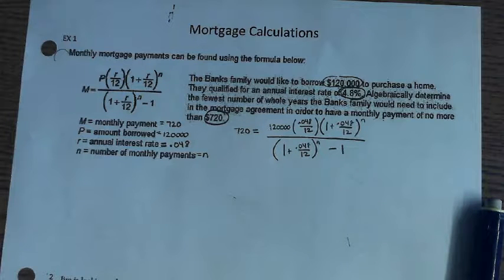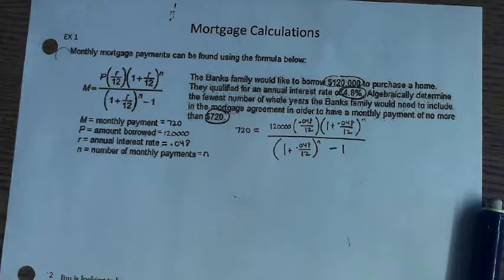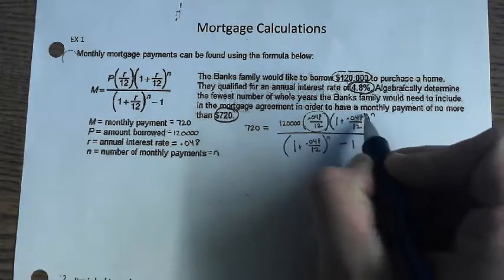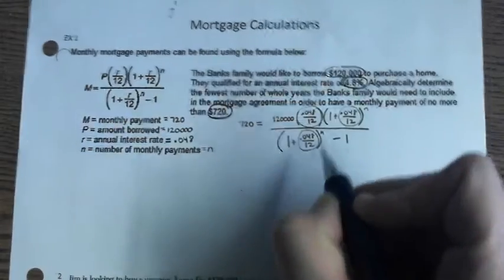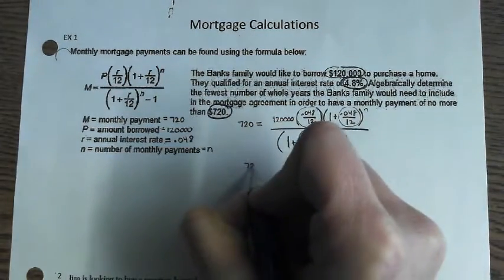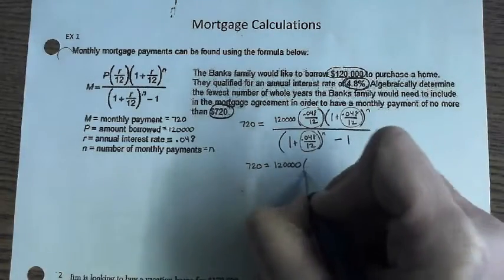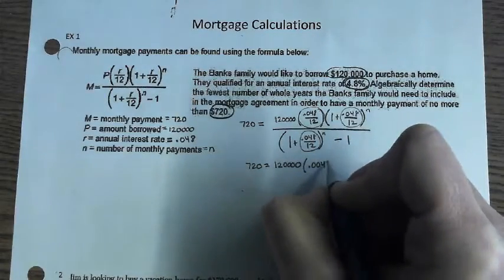So a couple things that you can, what could you simplify just to not start solving anything yet, but just to kind of pare this down, Haley? The 0.048 over 12, which shows up 3 times, is 0.004. So 720 equals 120,000 times 0.004.